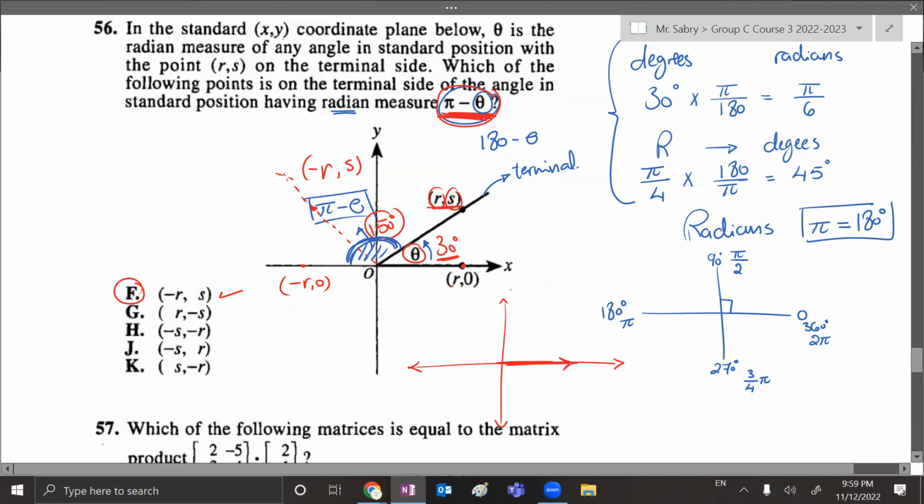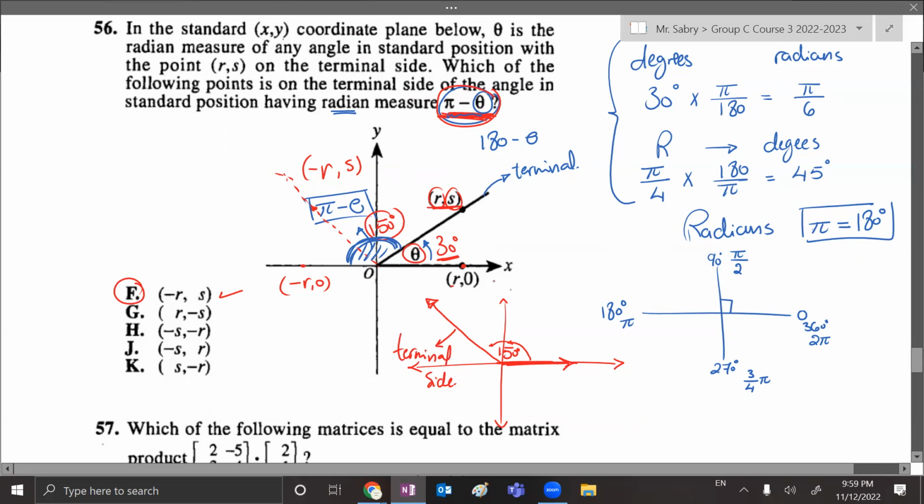So if I want to graph the angle called 150, I'll go from here to there, that's 90 degrees, and I'll continue a bit more until I reach the 150, right? That would be a 150 degree angle. So the terminal side of the angle pi minus theta is this terminal side that they mean, right? Mm-hmm. Okay.